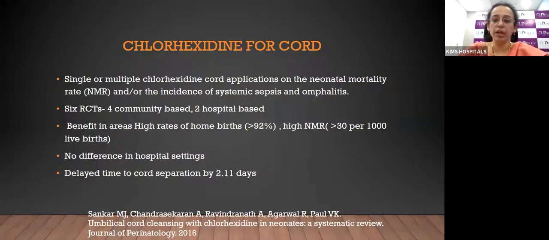So in routine hospital settings, chlorhexidine application over the umbilical cord is not recommended. It is only for areas with high neonatal mortality rate. When we apply chlorhexidine, it also delays the time for umbilical cord separation by 2.11 days.